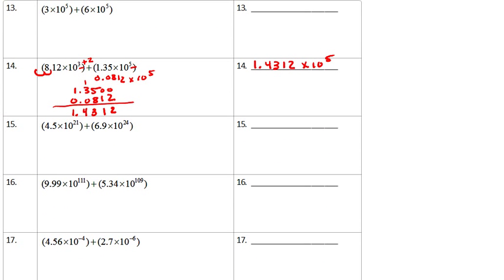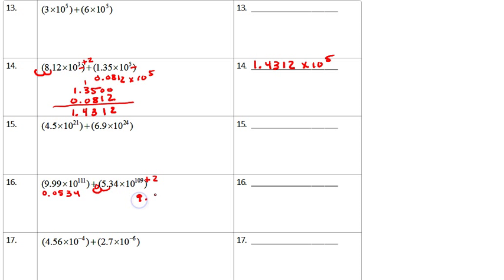Let's look at problem number 16. I have 10^11 and 10^9. Well, I want to convert the smaller one to the larger one. So I'm going to add 2 here, which means I need to go 2 places to the left. So that will give me 0.0534.